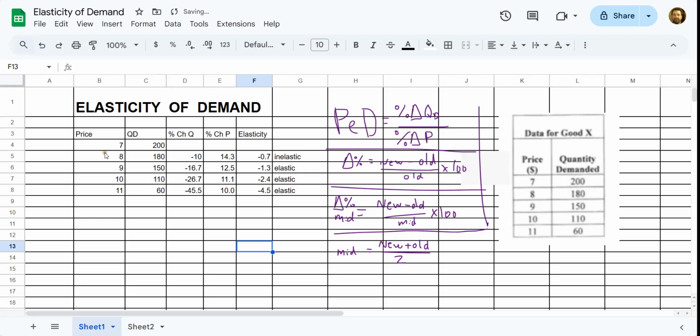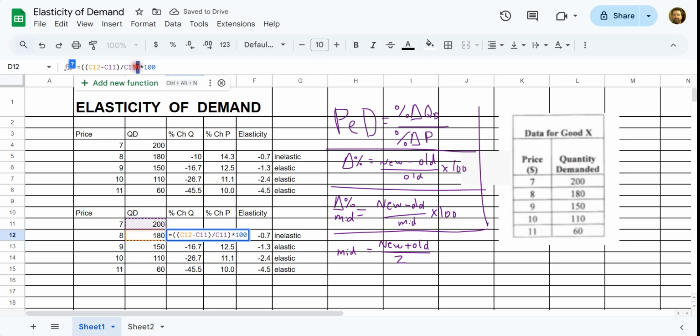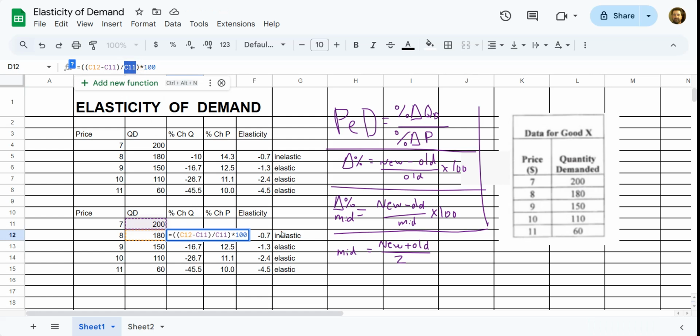Then we can also do that with the midpoint method. So let's copy all this down here. And instead of dividing by this, which is that old value, I'm going to divide by halfway in between. So if you wanted the machine to do it for you, I guess you could write a new function.